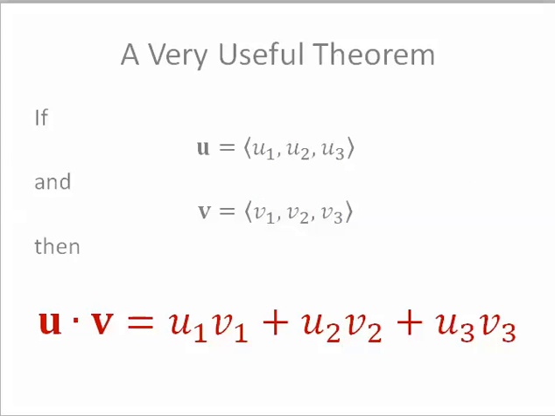Now the definition of a dot product is somewhat difficult to work with, and we are very happy to get this great theorem that if you want to know the dot product of two vectors, as long as you know their components, that dot product is very easy to find.